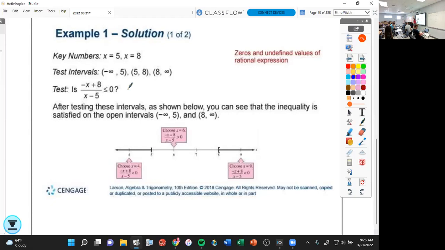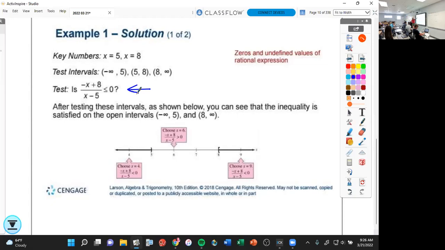Looking at this equation here, can x be 5? No, because you can't divide by 0. Can x be 8? Yes, because I can have 0 on the top.